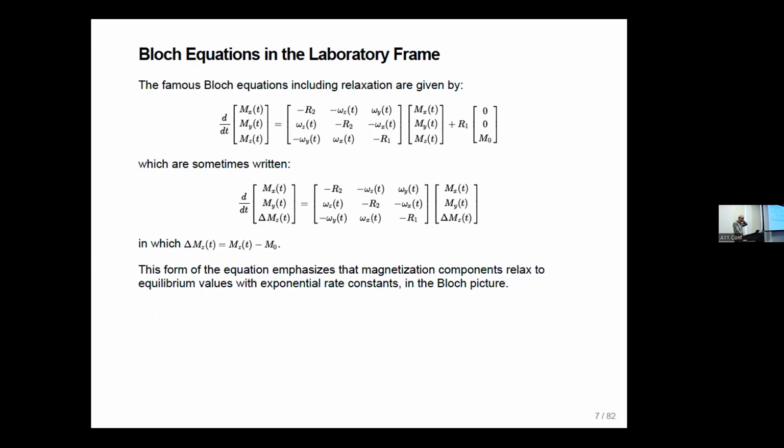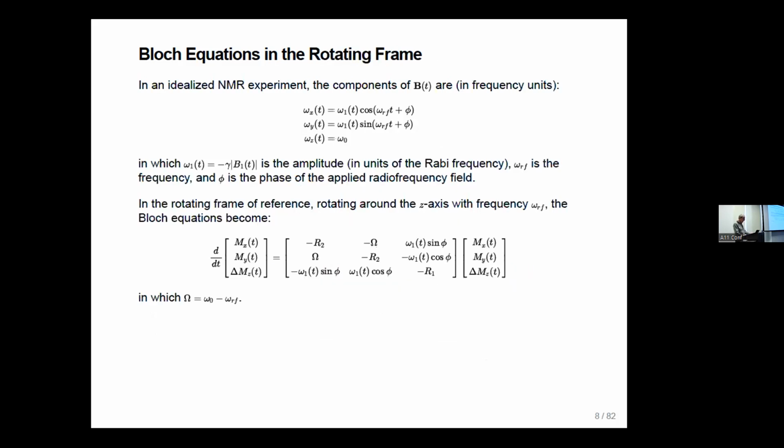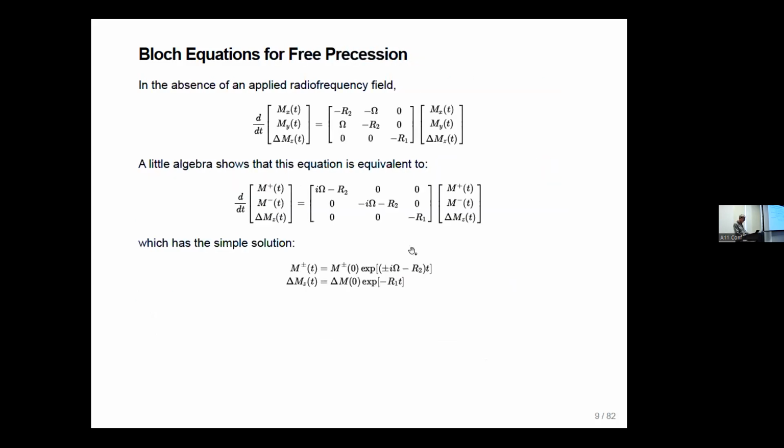This is just to remind you that the Bloch equations look like this. And if we do our usual transformation into the rotating frame, we have the rotating frame Bloch equations.